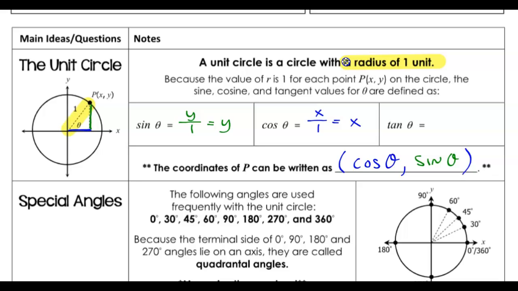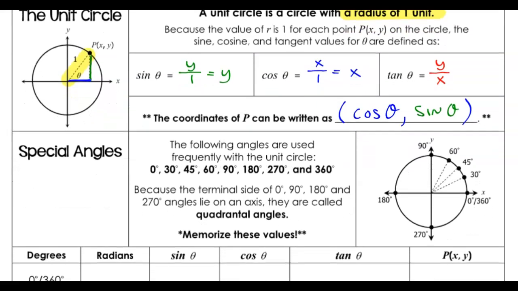So if you want to know what the cosine or the sine is at a certain location on the unit circle, look at the x-coordinate or the y-coordinate. Now the tangent is again opposite over adjacent. So when we look at the tangent ratio, you're just going to take the y-coordinate divided by the x-coordinate.